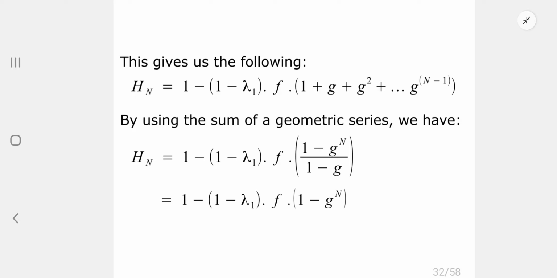By using the sum of a geometric series, we have Hn equals 1 minus (1 minus lambda 1) times f times (1 minus g to the power of n), all divided by (1 minus g), which equals 1 minus (1 minus lambda 1) times (1 minus g to the n).